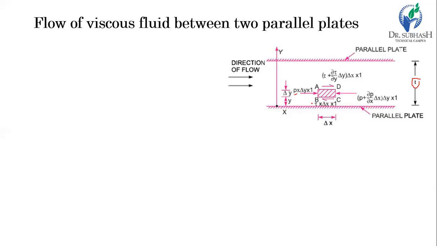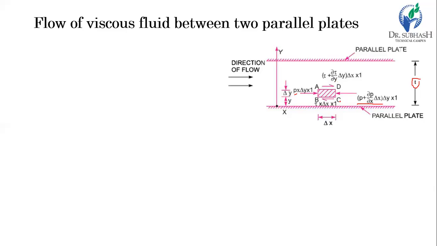For the difference of pressure between side AB and side CD: if here it is p, then here it is p plus del p by del x times delta x. So this is the intensity of pressure on the side CD, and this much increment occurs from side AB to side CD. Thus the pressure force acting on CD is the intensity of pressure times the area, which is delta y into 1. So here we consider two pressure forces, on the side AB and on the side CD.